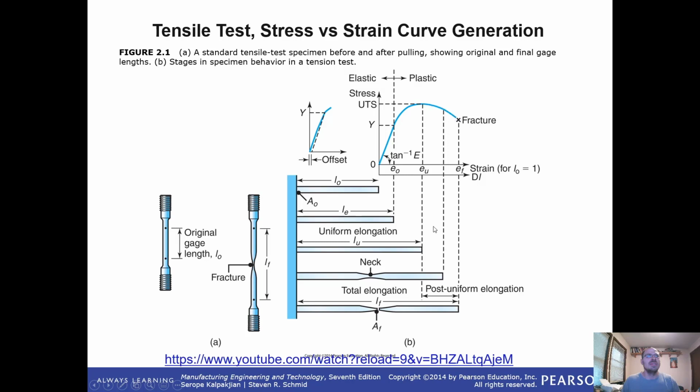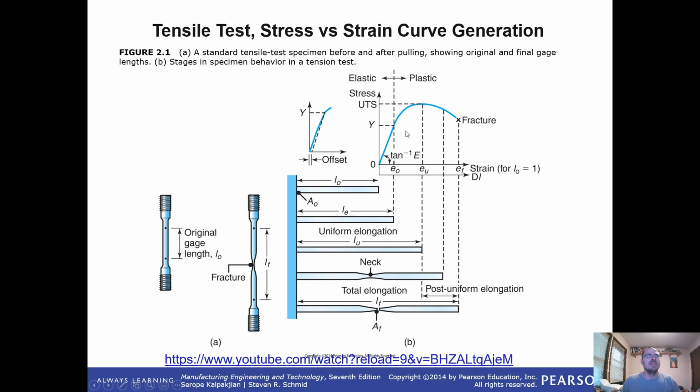what the curve does. So in this case, uniform elongation up until what they're terming UTS, ultimate tensile strength. So we're doing a tensile test to figure out what its ultimate tensile strength is, its yield points are, and when it's going to start deforming plastically, the yield point, right?